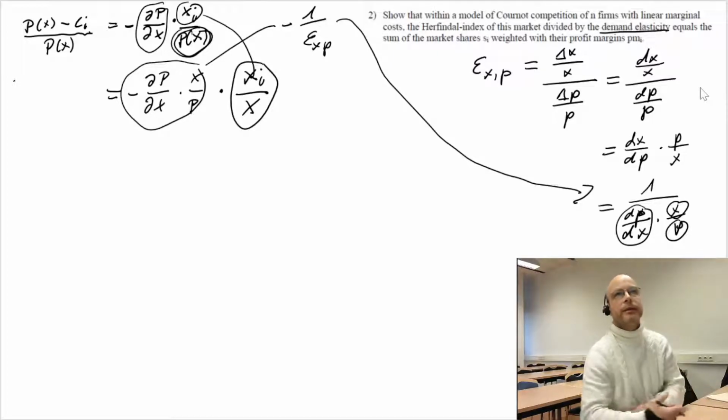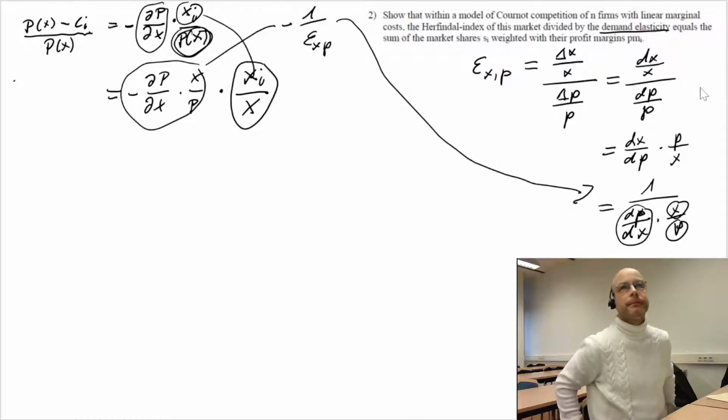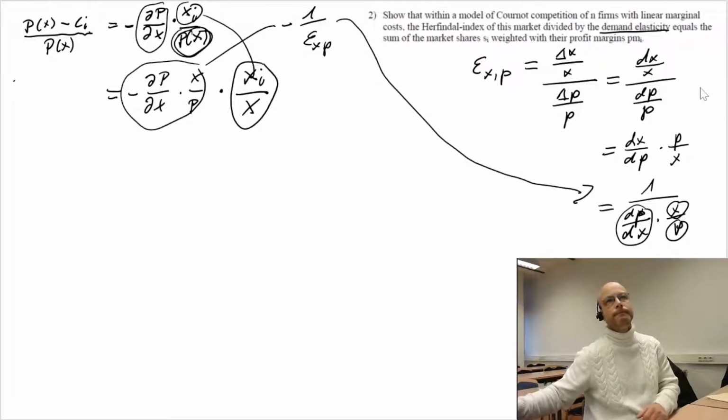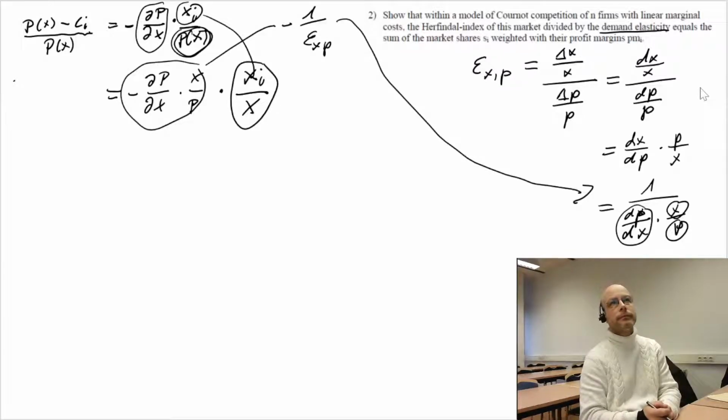You just gave me the answer in the beginning. So the quantity you are selling divided by the total quantity sold in the market. This is nothing else than the market share.